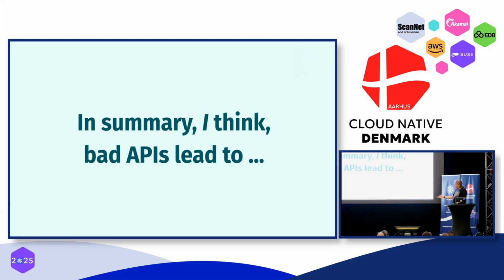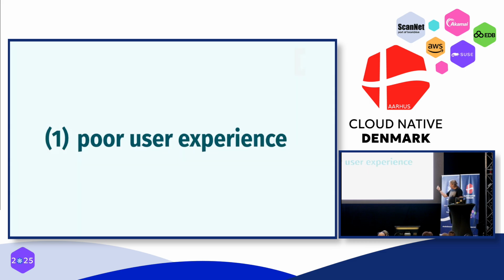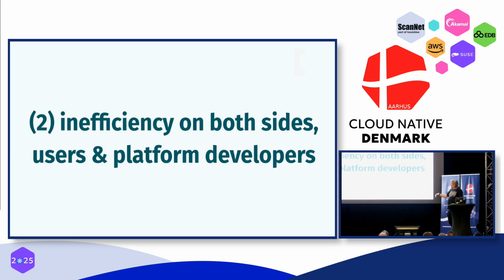So in summary, I don't think I have proved, but my feeling is that these sort of bad APIs lead to, one, poor user experience. There's so many options you can't even understand all of them. They lead to this sort of inefficiency on both sides, both the users of the platform and the developers.